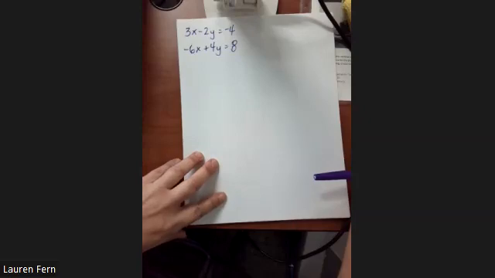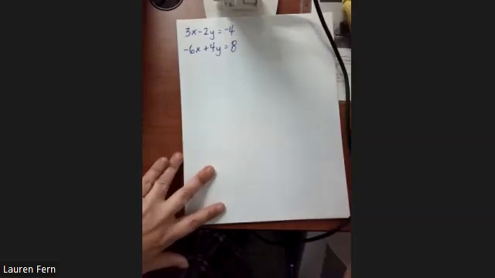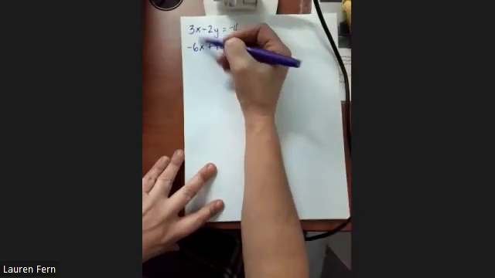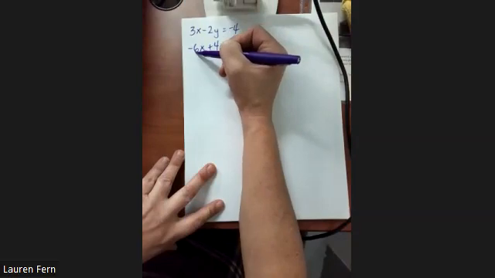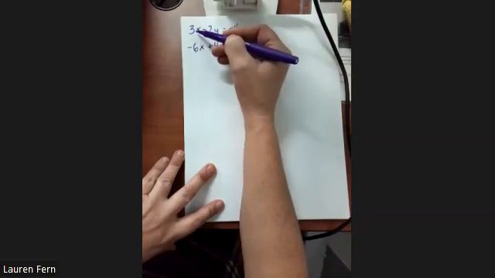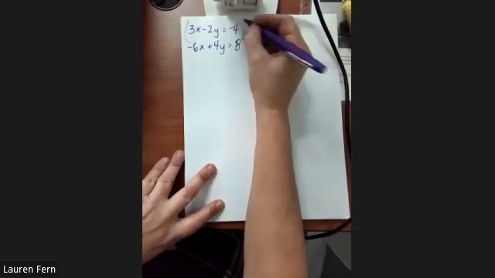Will somebody have some opinion, please? X. Thanks. I like opinions. So if we aim to get rid of x, notice I have a -6 here. Do you agree if I had a +6 here, we'd be in business? Well, what do I need to multiply my top equation by in order to get a +6 right here? 2. Right on.